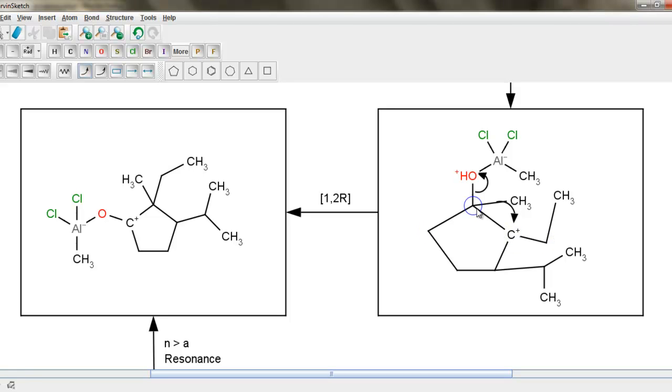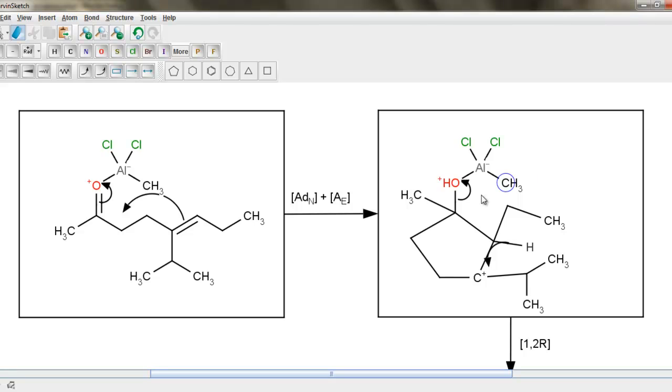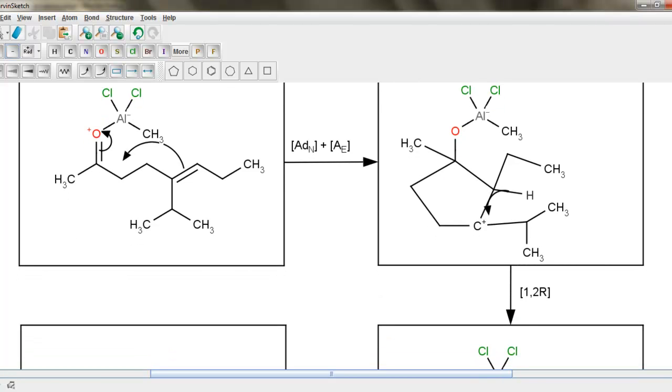That gives a carbocation right there. And I actually just remembered I need to get rid of these charges, so erase these, get rid of that positive charge. I'm sorry, I said negative, I think.